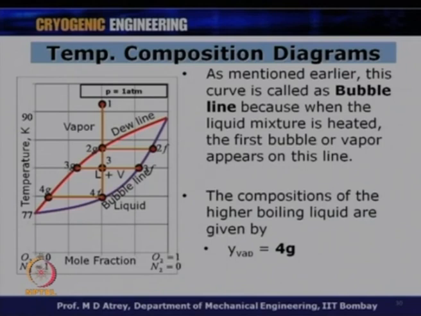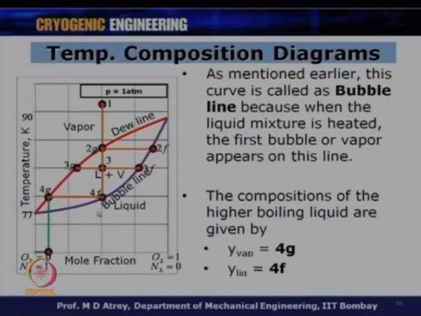That means the high boiling component is becoming less and less, while the percentage of nitrogen vapor is much more. So, oxygen is only going to be around 10%, while 90% is going to be nitrogen vapor. And similarly, for liquid, what we have is 4F.